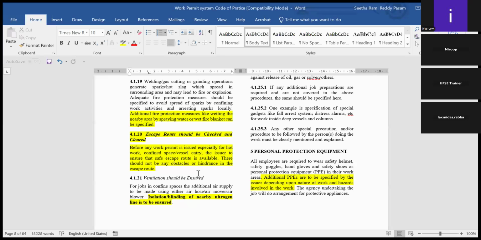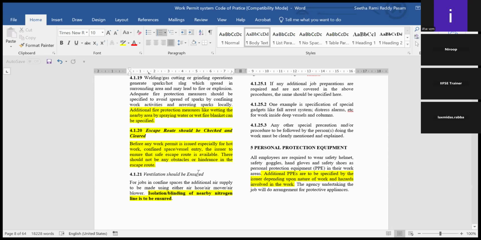Sometimes our emergency exits are used as store rooms, or they keep finished goods or any unwanted materials there. It is not supposed to be. Here also, the issuer has to check whether the escape route is free from obstruction or not.